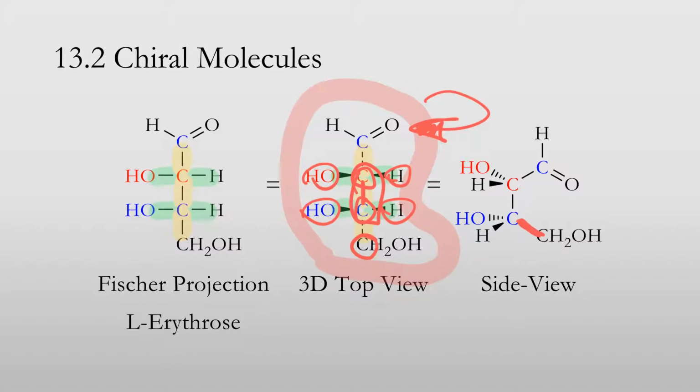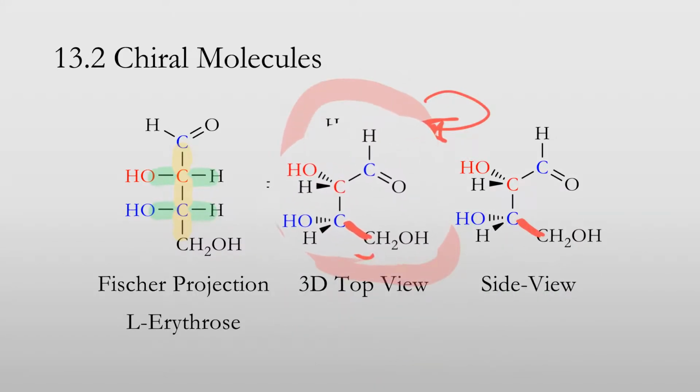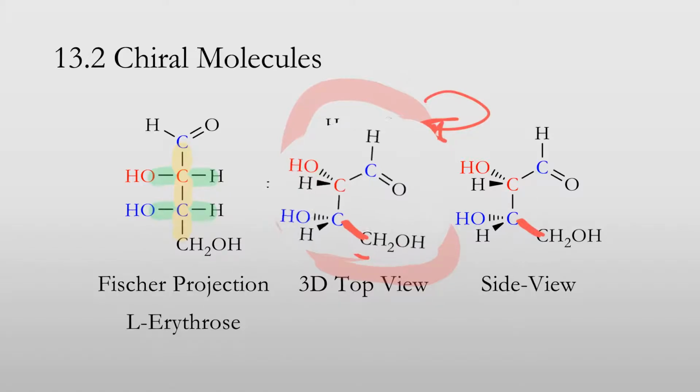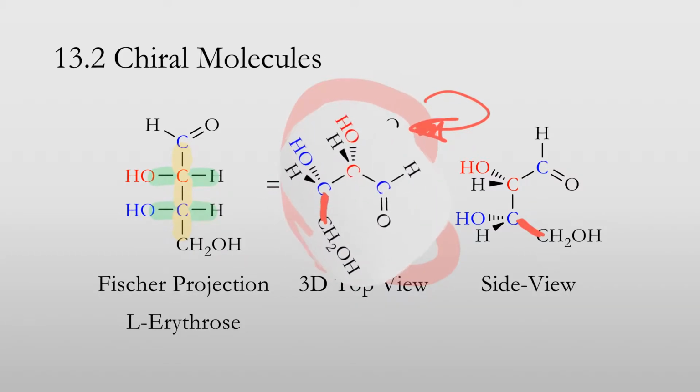If I was to take this molecule and move it over here, just out of the way, and I rotated it, you can see that it would be behind it in a sense.